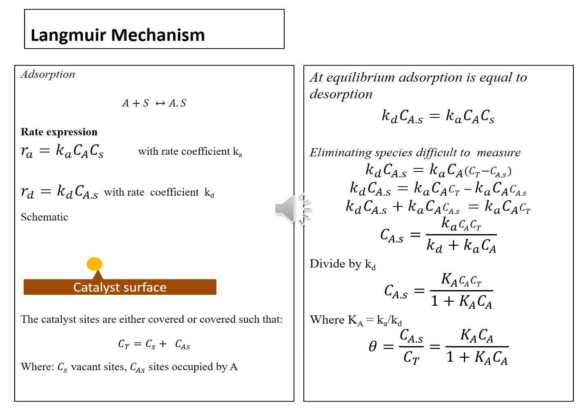And this is where the total site balance is made use of. So in this case, we make Cs the subject of the formula: Cs is equal to Ct minus CA·S, and you substitute it in the equation. Thereafter, open brackets and rearrange, and we find an expression for CA·S.